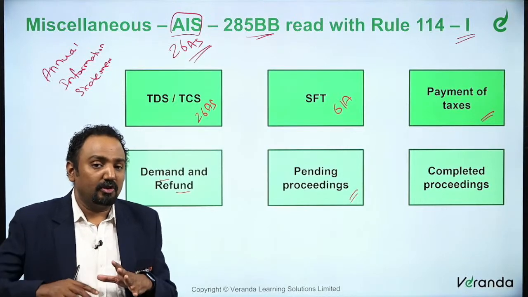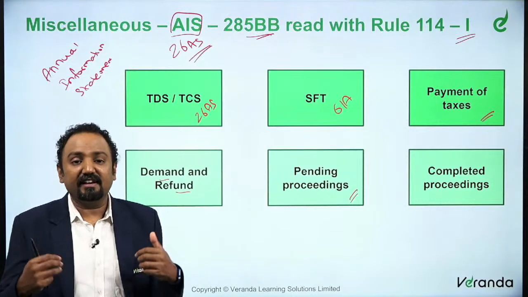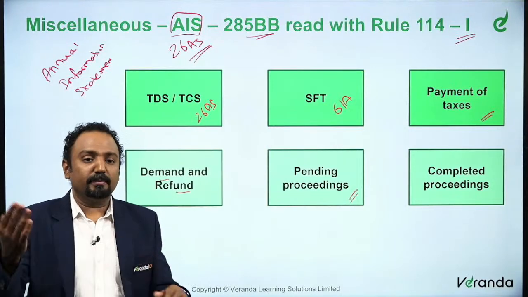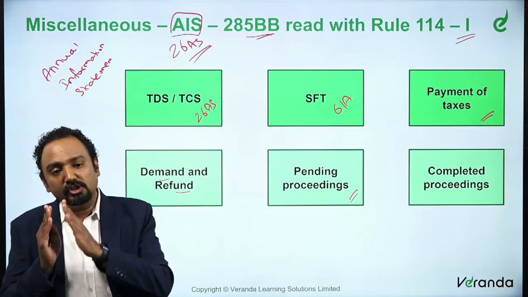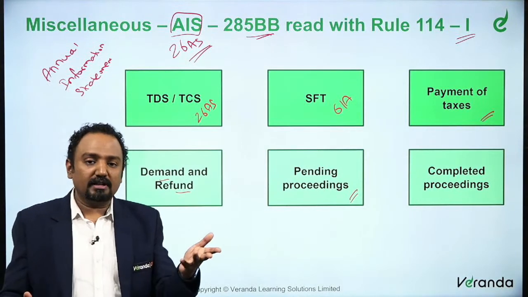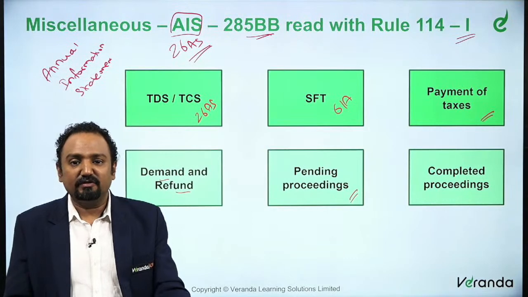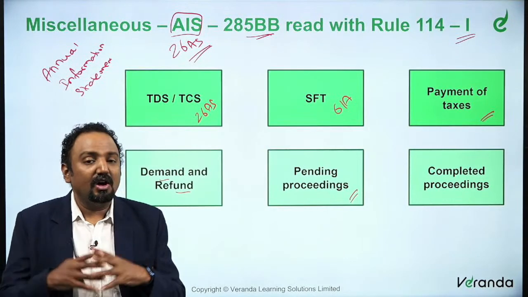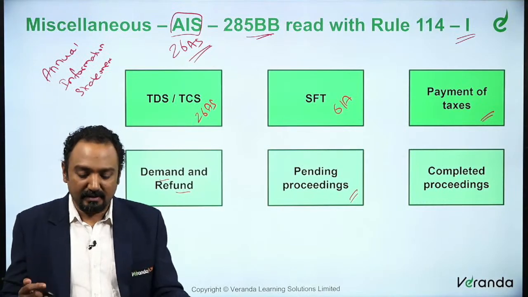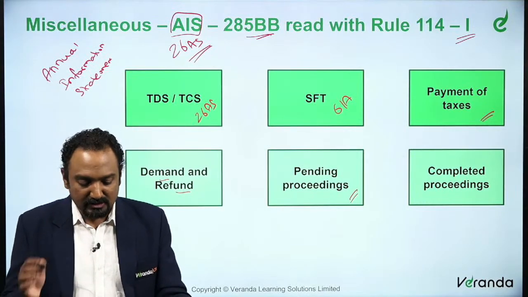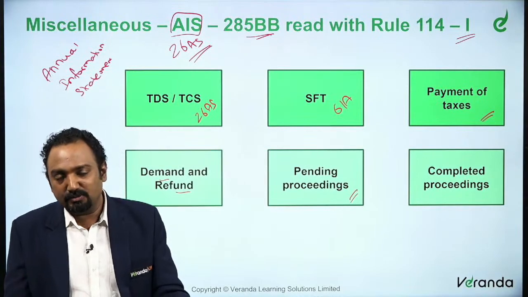It is typically to understand whether they have missed out something or whether the bank has reported something wrong. So this has to be in sync. What you think you have earned as income should match what has actually been reported through this annual information statement. Only when this syncs will the return that you are filing be appropriate and have the right information. So this is about the miscellaneous provisions.